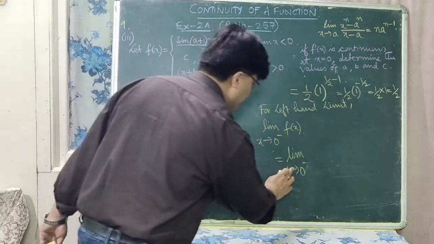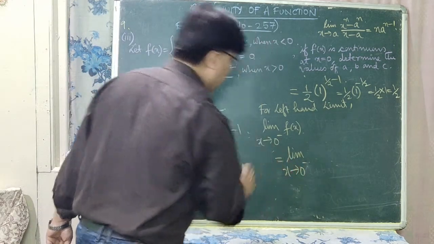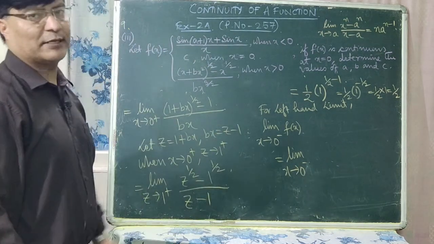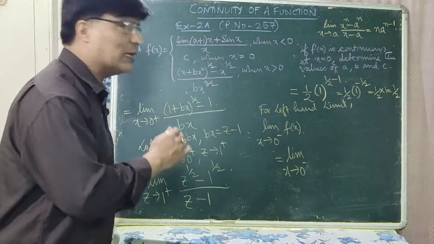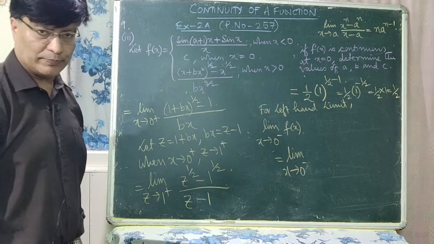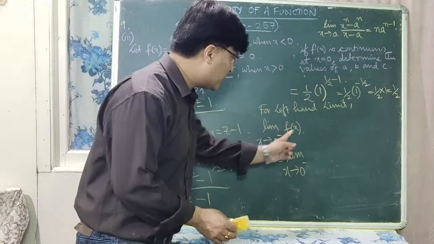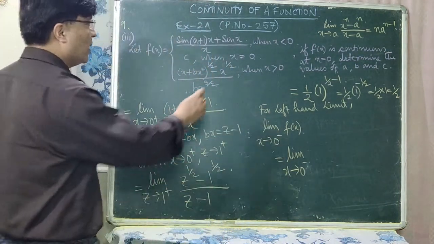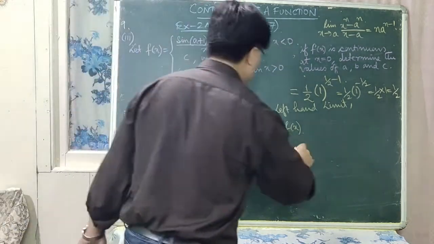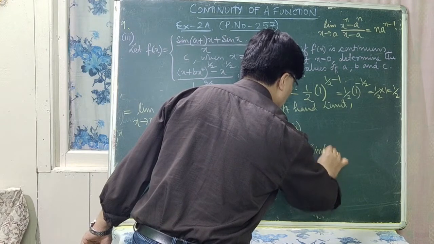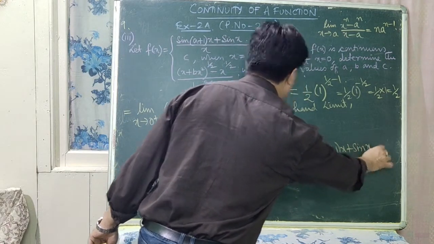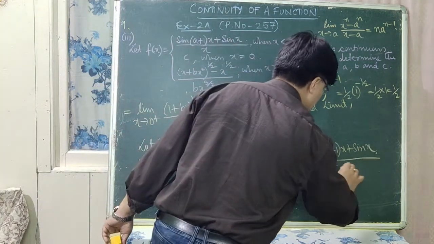What is the meaning of x tends to 0 minus? x is approaching towards 0 from the left hand side, and on the left of x is equal to 0, all the values of x are less than 0. So what is the value for f of x when x is less than 0? When x is less than 0, the f of x value is this one. So write down that one. That is (sine of (a plus 1) into x plus sine x) divided by x, right?